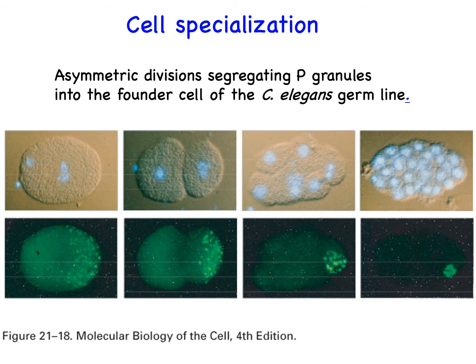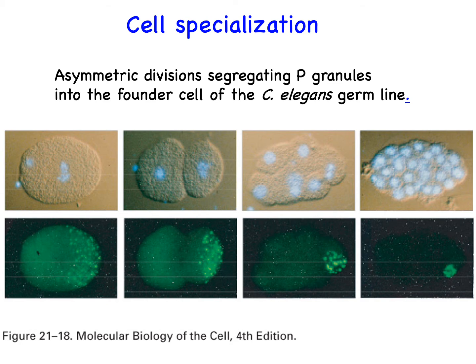Now in the bottom panel, these bright green dots are what are called polar granules, or P granules, and these are involved in developing the germline for the next generation. If you don't have these P granules, and they're not just in C. elegans, but in other organisms as well, the organism will be sterile. These are only going to be found in the germline.